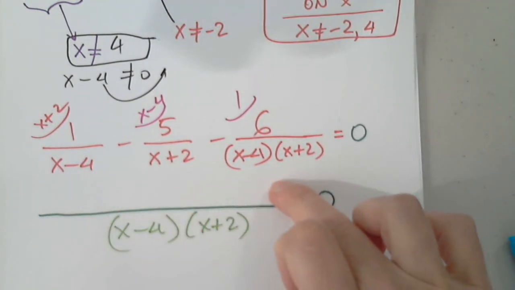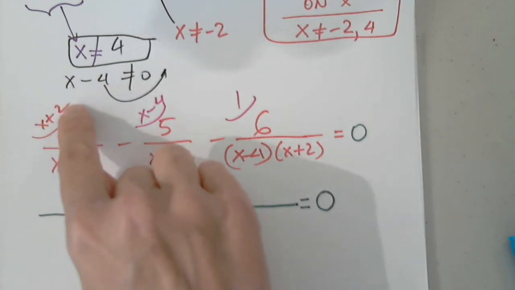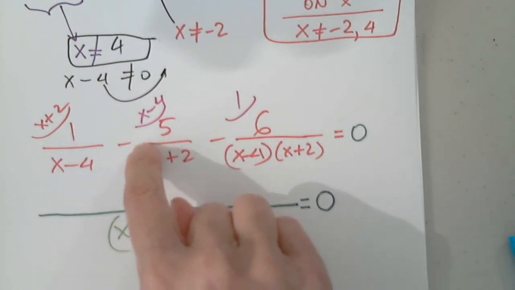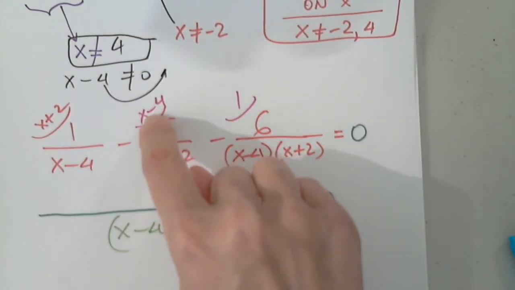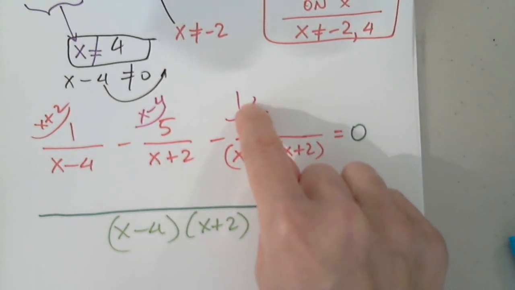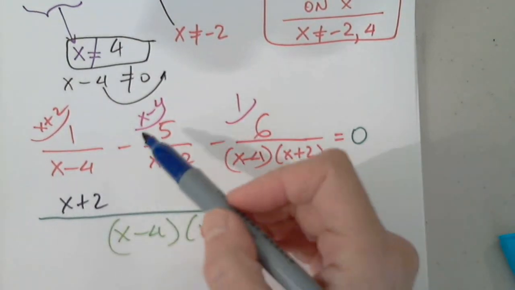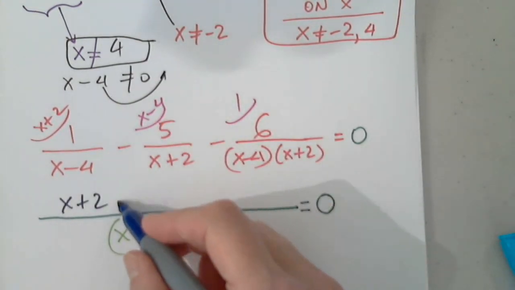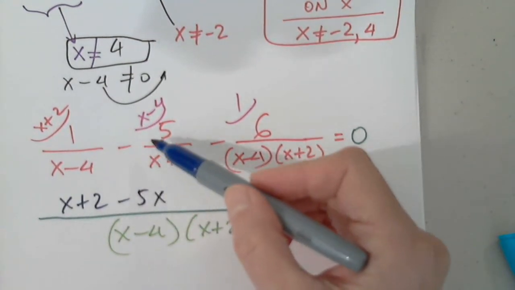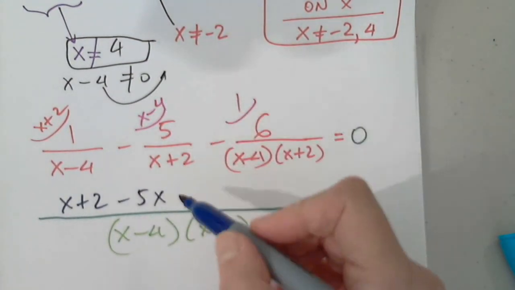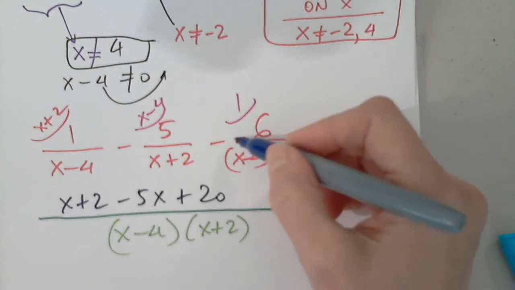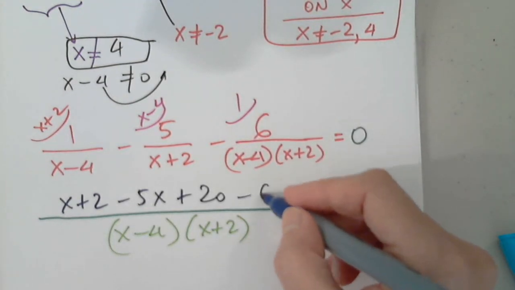Now at the top, I have to distribute 1 to these two, negative 5 to these two, and negative 6 times 1. So 1 multiplied by x plus 2, negative 5 multiplied by x, negative 5 multiplied by negative 4, and negative 6 multiplied by 1.